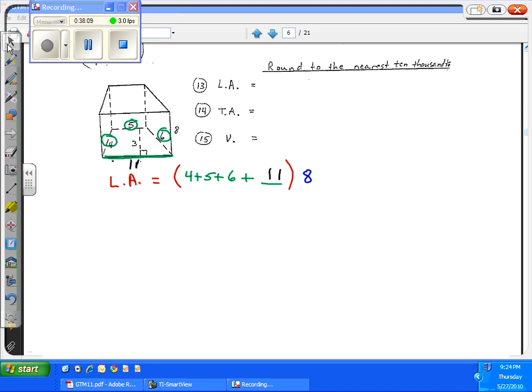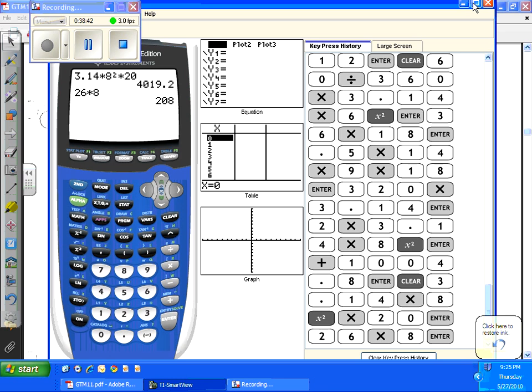So we can find the lateral area. The lateral area is equal to, we're going to add those up. 4 plus 5 is 9, plus 6 is 15, plus 11 is 26, times 8. So the lateral area is 26 times 8, which is 208.